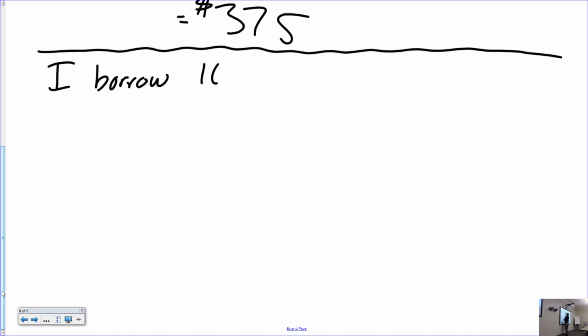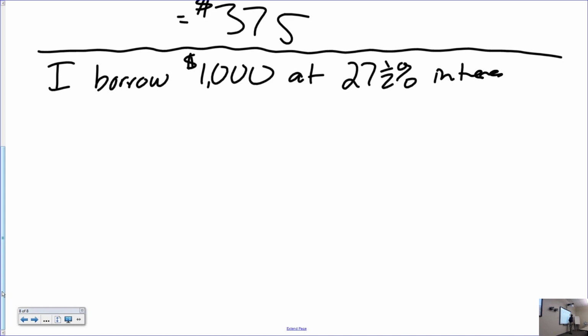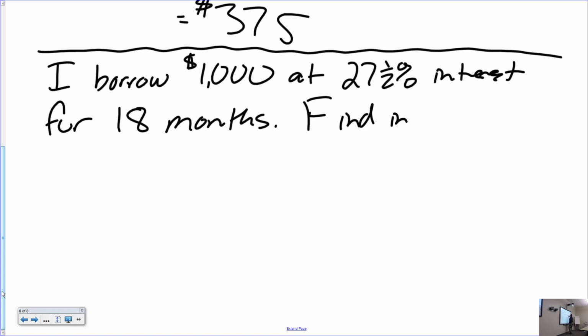Let's suppose I had to borrow $1,000 at, let's say, 27.5% interest for 18 months. Find the interest. And since I'm borrowing, now the interest is going to be stuff that I owe as opposed to what I earn. Okay?